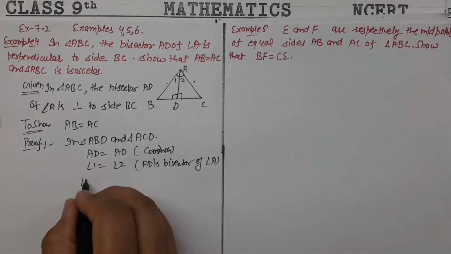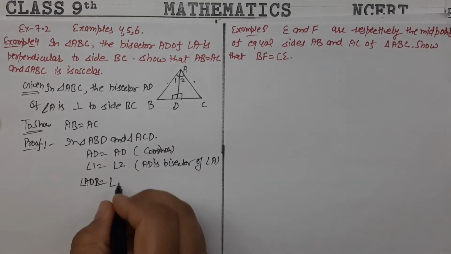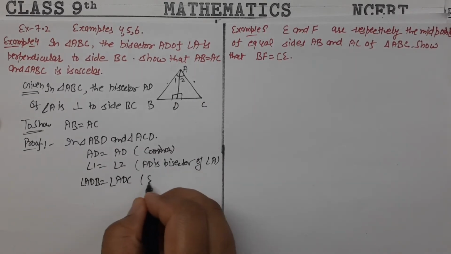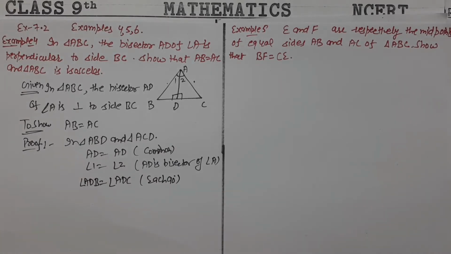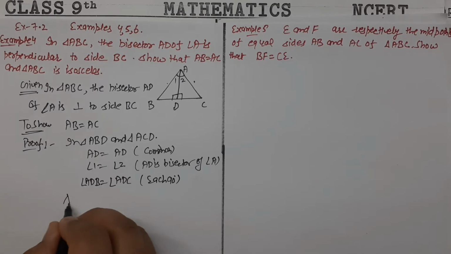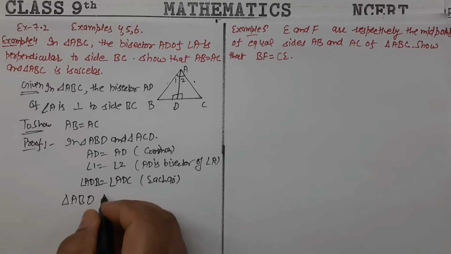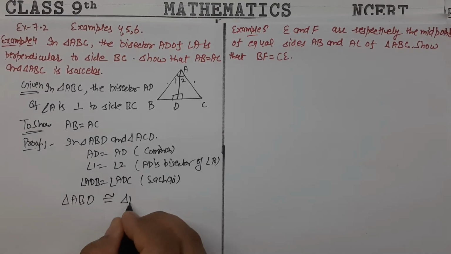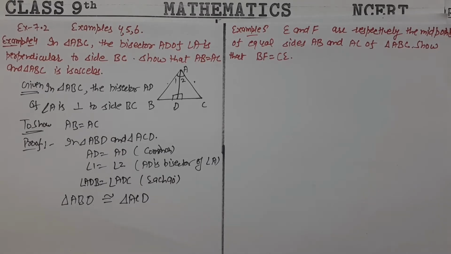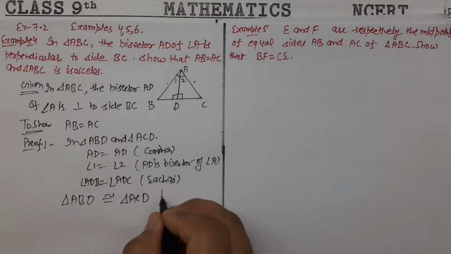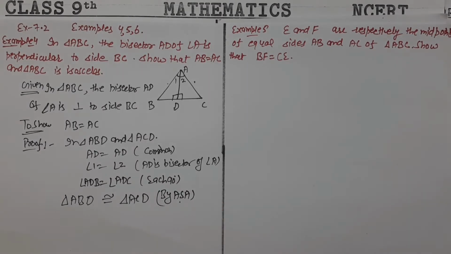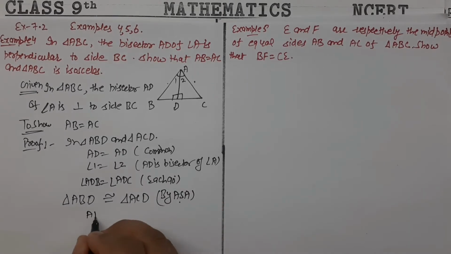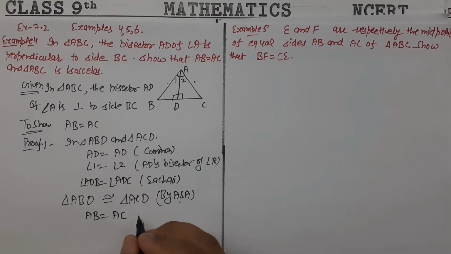Angle ADB equals angle ADC, each 90. Triangle ABD is congruent to triangle ACD by ASA. Hence, AB equals AC.